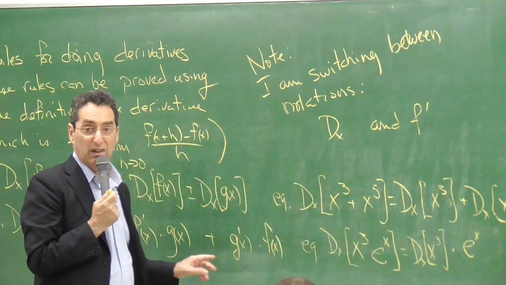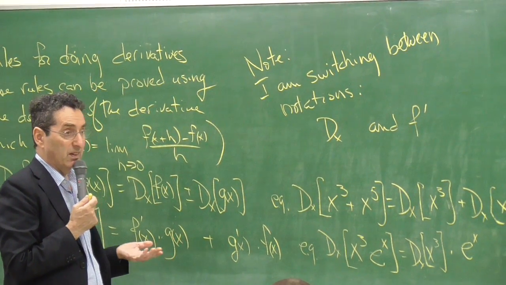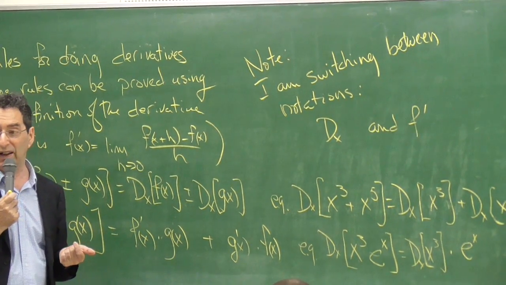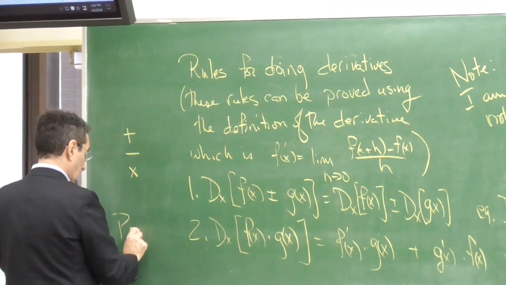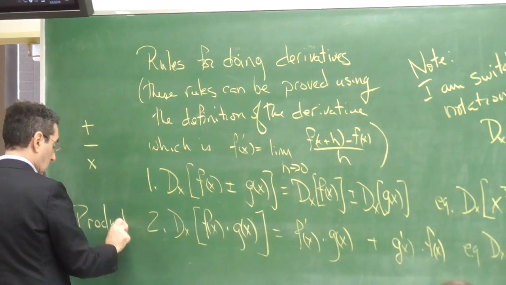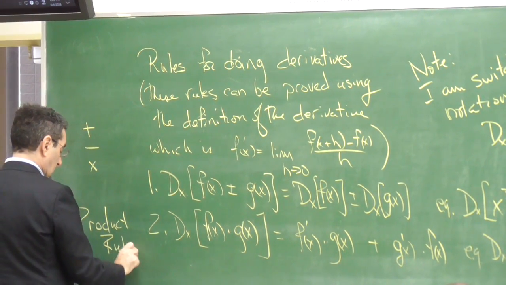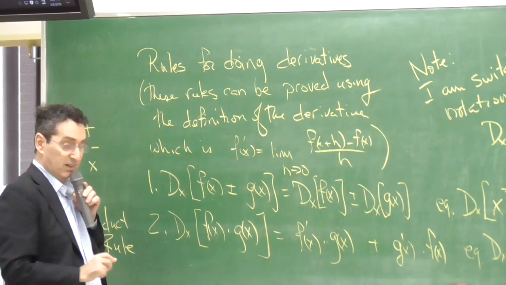Again, we have to prove this, but you can read the proof online somewhere. This is called the product rule for derivatives. I'm sure you can find that many places.